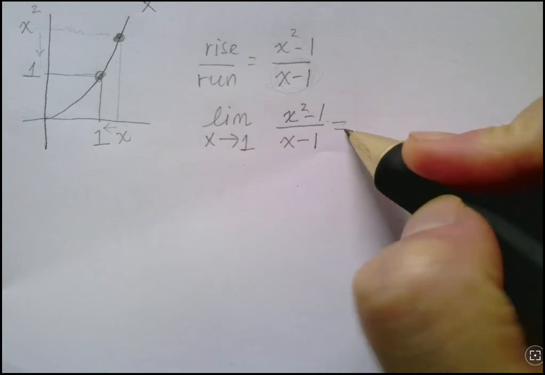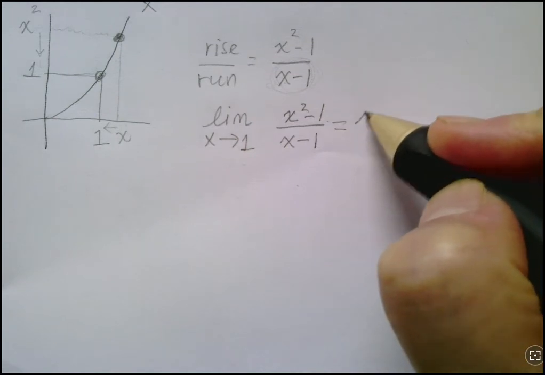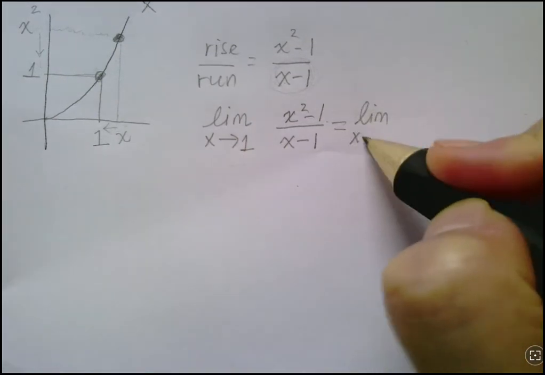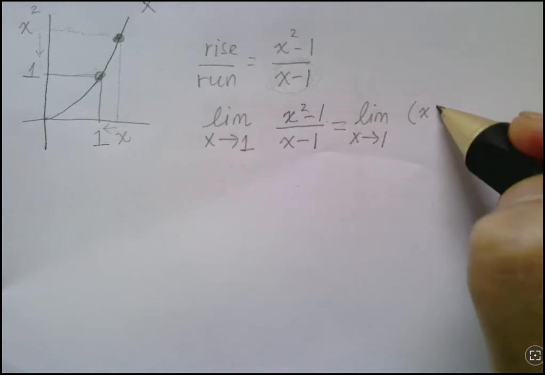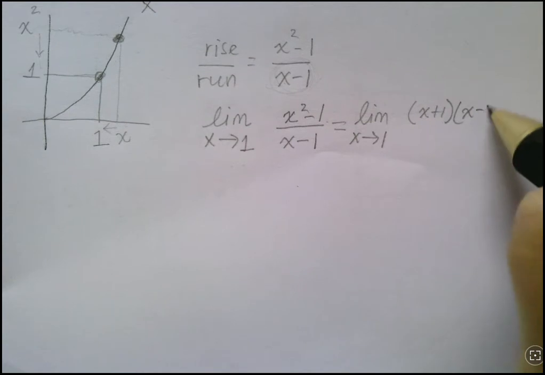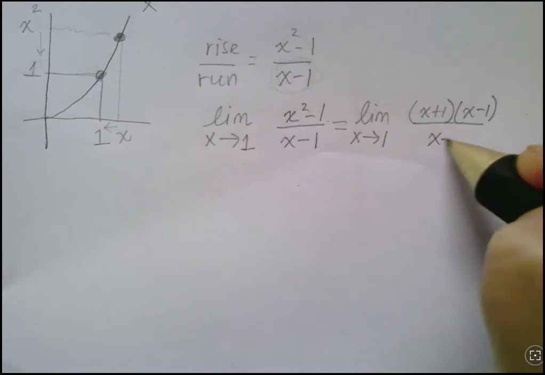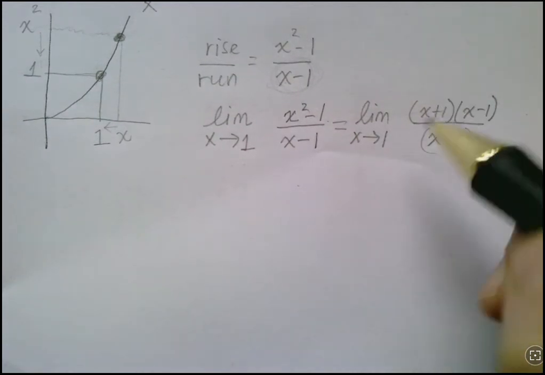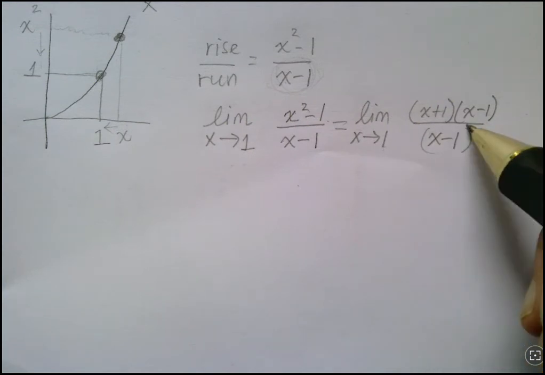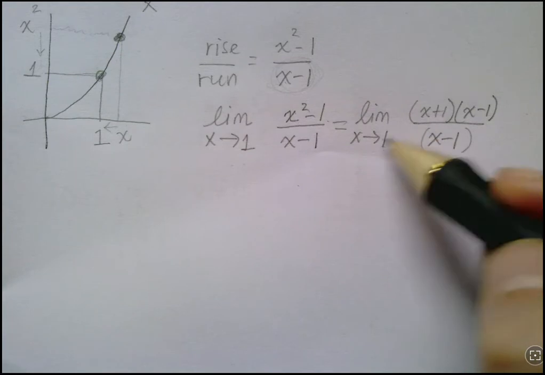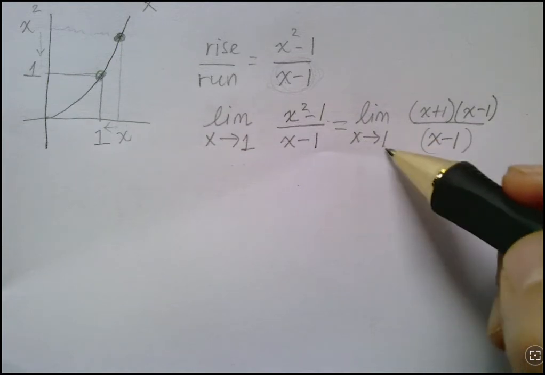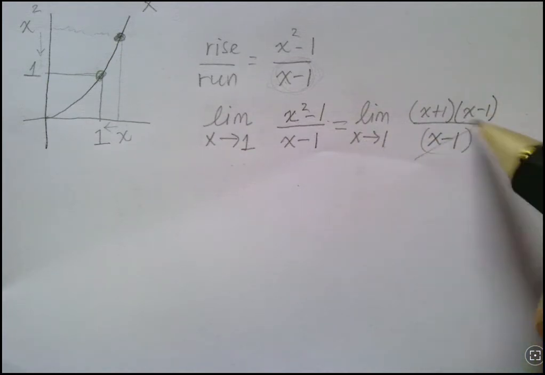But we can do some algebra on this, right? This is the limit as x goes to 1 of x plus 1, x minus 1 over x minus 1. And since we're just taking the limit, x is never going to equal 1, because the limit means that you're getting very close to the point, but you're not actually arriving at that point.